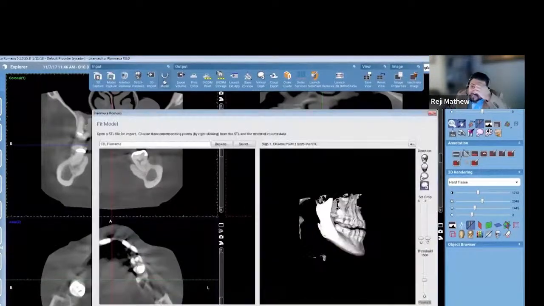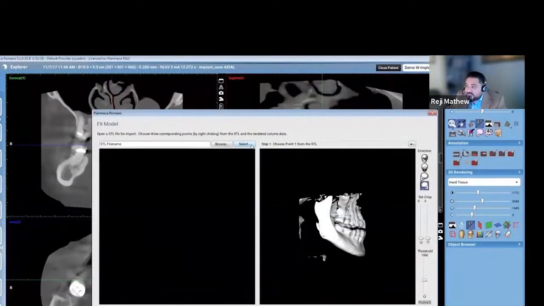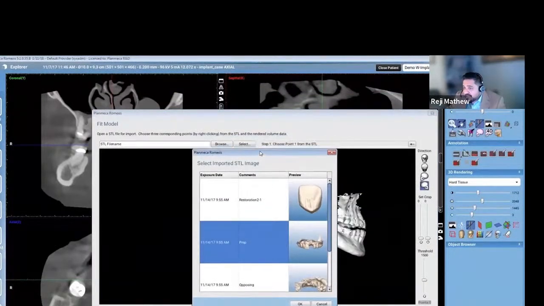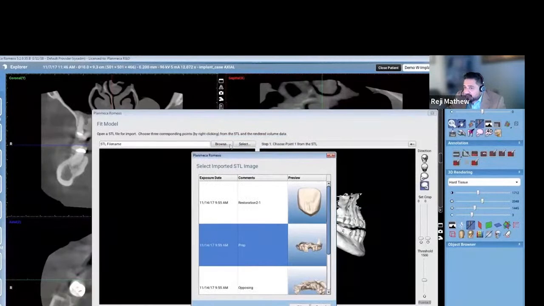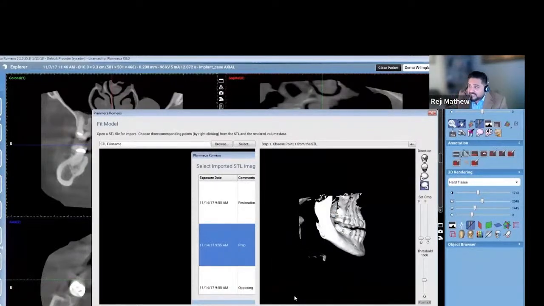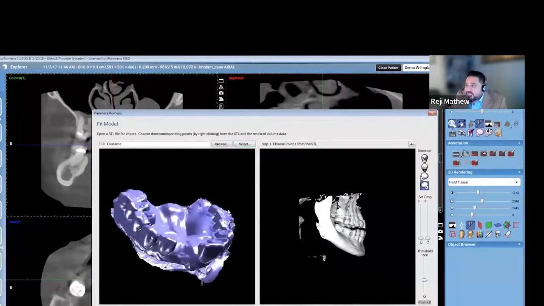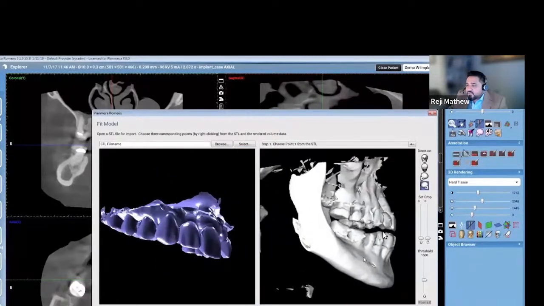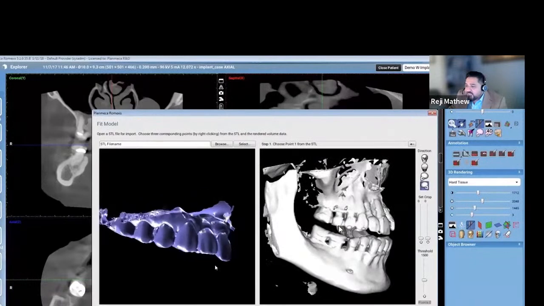I can take an intraoral scan of the patient with a PlanScan, iTero, or any of the intraoral scanners we have, and then browse to where that file is stored. If you're taking it with the PlanScan, you are basically in the same Romaxis software. So you bring in that intraoral scan and that 3D volumetric image.